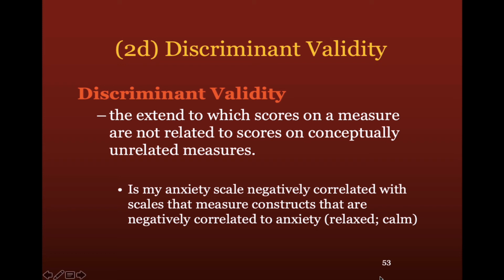So, for example, we can give people our anxiety scale, and then give them some kind of a measure that measures the opposite of anxiety. And the idea being, since those two variables should be negatively correlated, when we measure them, they should be negatively correlated. And if our measure of anxiety is negatively correlated with the measure that is shown to be the opposite of anxiety, then that gives us confidence that we're also measuring anxiety.